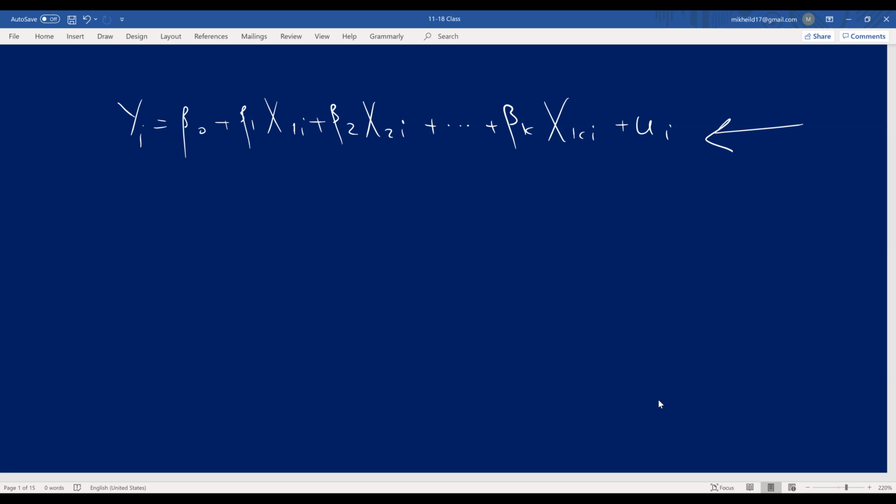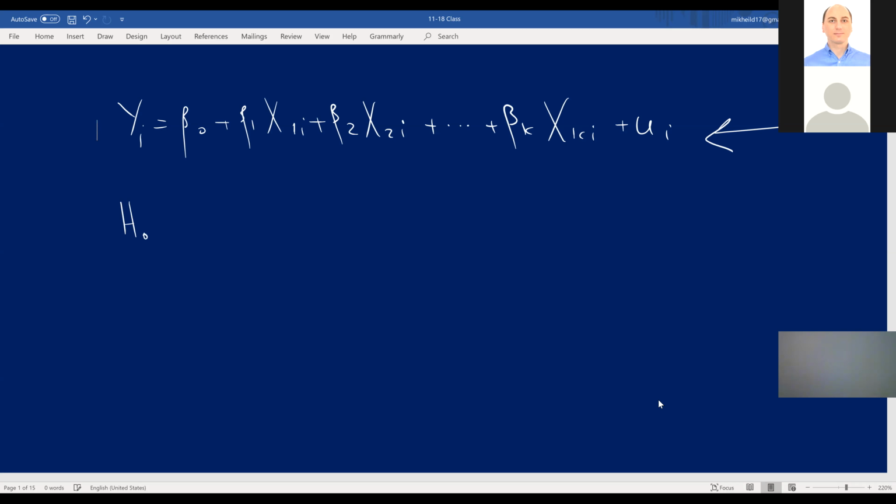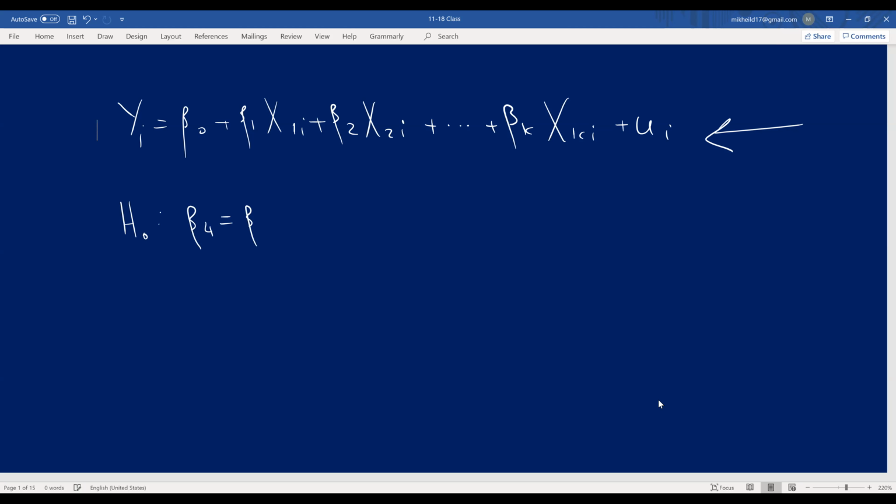So we might be interested to test a hypothesis about a few parameters. So we might be interested to test, let's say, this hypothesis.